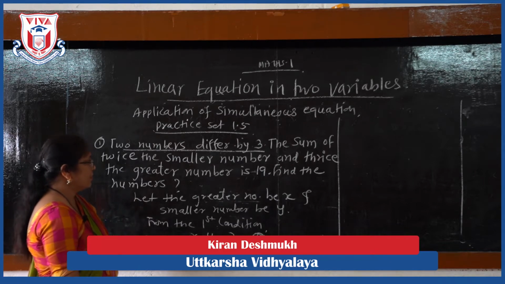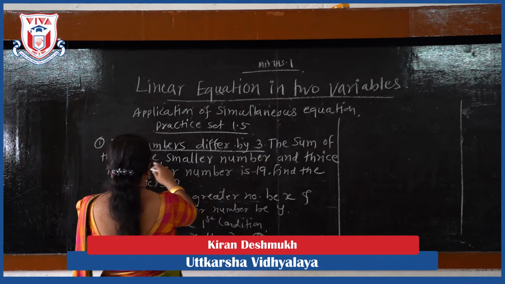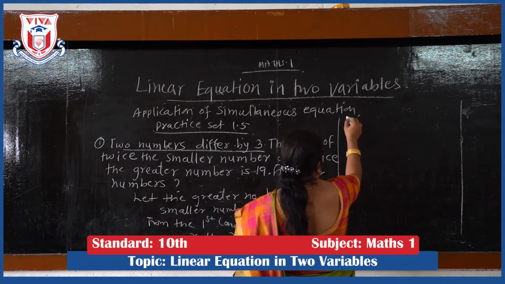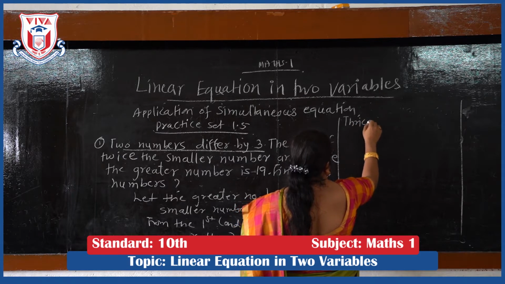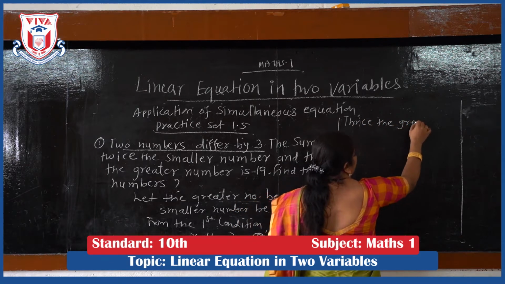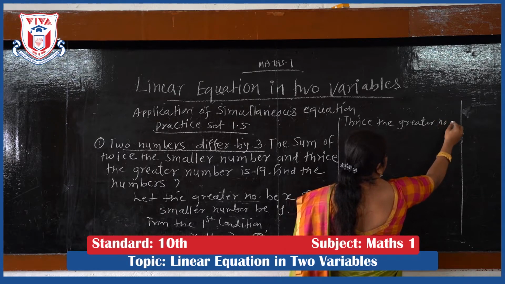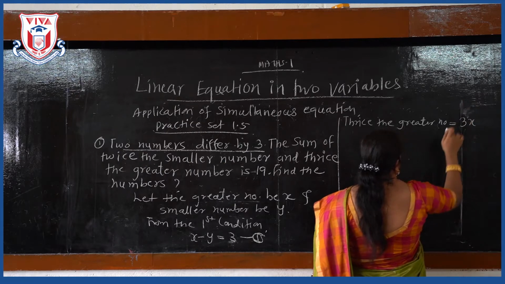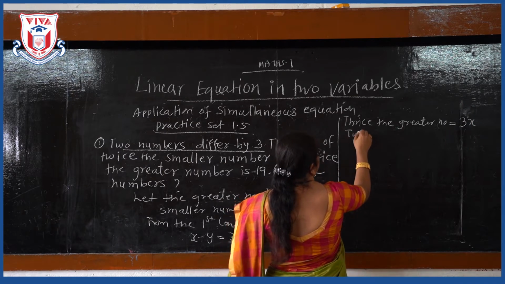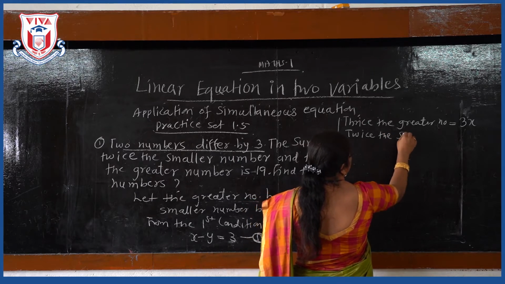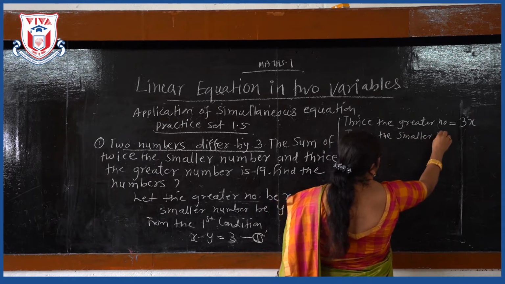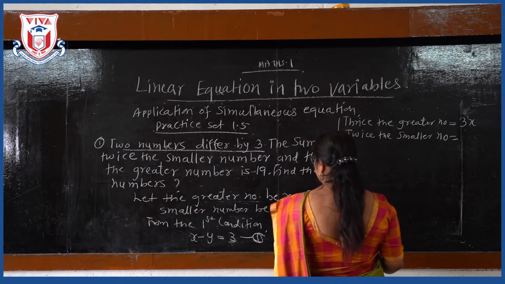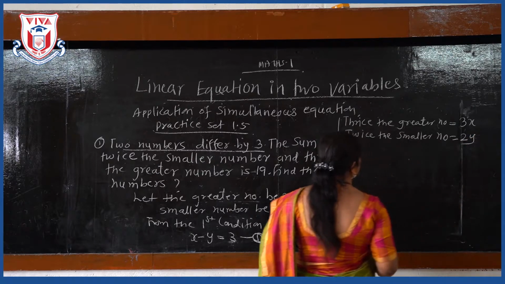Now read the second condition. The sum of twice the smaller number and thrice the greater number. Thrice the greater number is 3x. And twice the smaller number: our smaller number is y, so twice the smaller number is 2y.